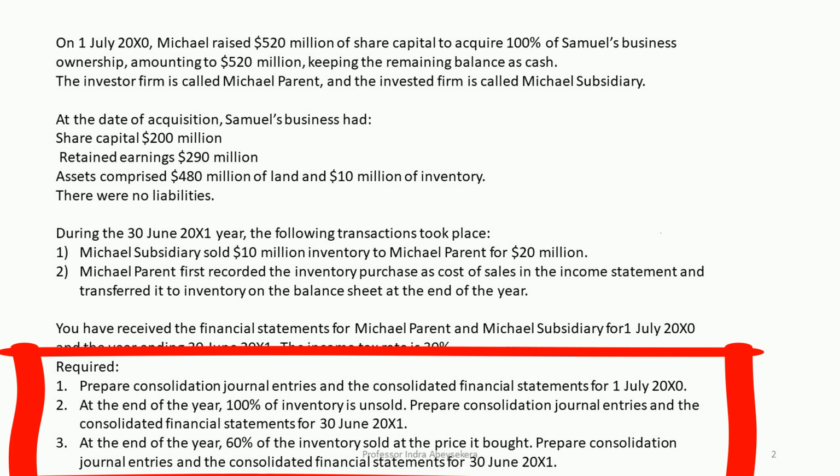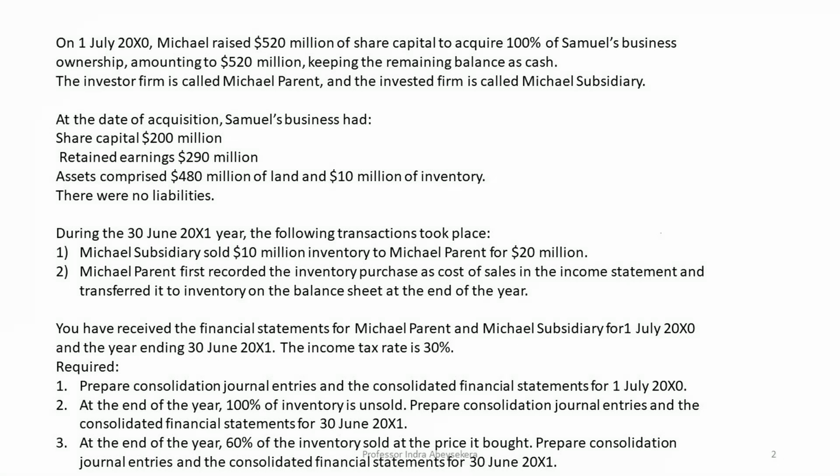Prepare consolidation journal entries and the consolidated financial statement for 30th June 20X1, that's 1 year after. 3. At the end of the year, 60% of the inventory was sold at the price it was bought. Prepare consolidation journal entries and the consolidated financial statement for 30th June 20X1, 1 year after.